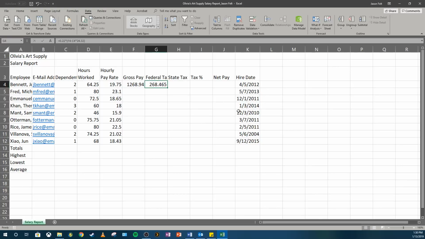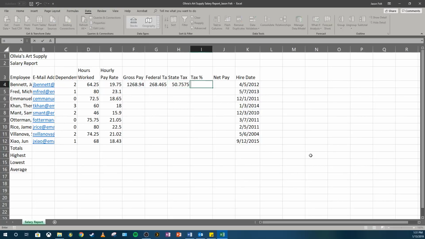So now we're going to go ahead and press H4. And we are going to do this. Equals 0.04 times our gross pay. So that's F4. And enter. So remember, if F4 was wrong, then everything else is wrong.